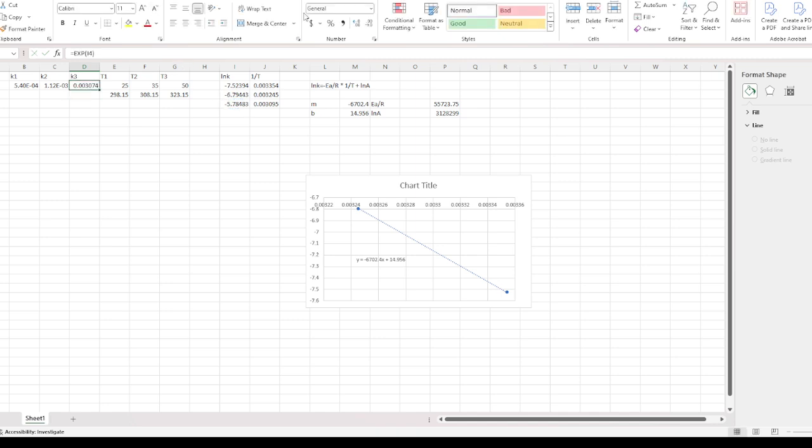Let's put this into scientific so we can compare. Scientific, 307 times 10 to the negative third. It's moving almost 33 times faster than in K2 when I have increased the temperature from 35 to 55.